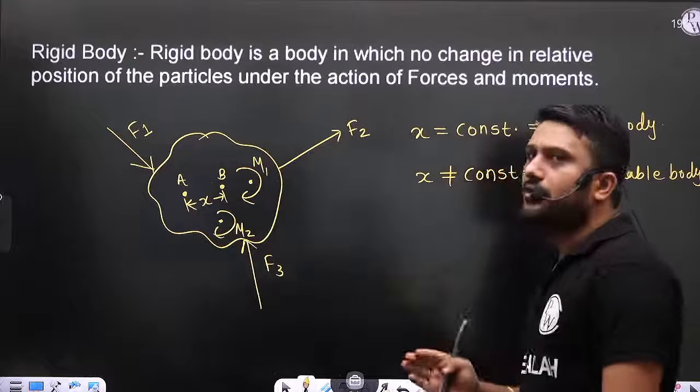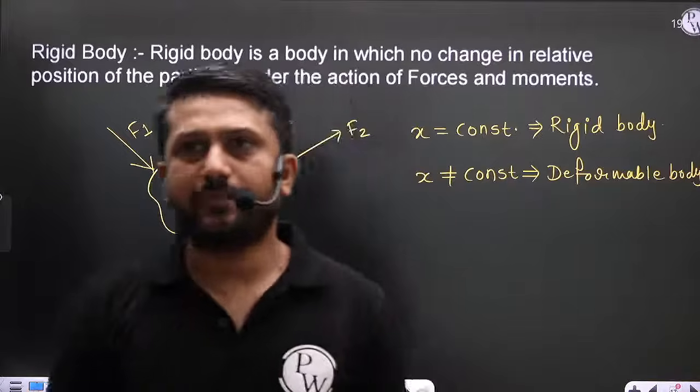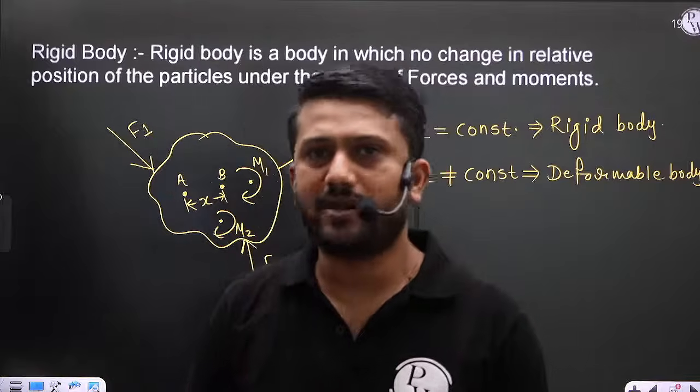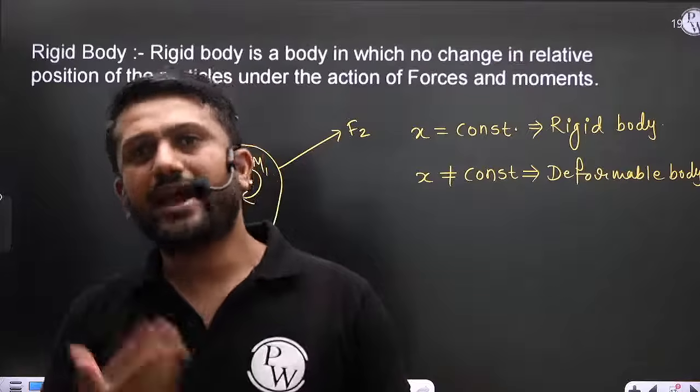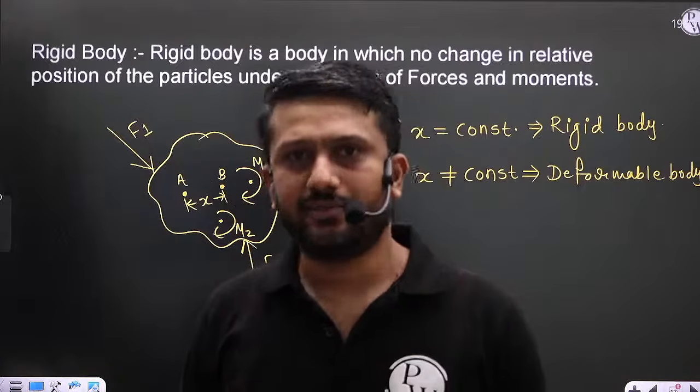Okay, now why am I explaining this particular part? You can say, sir, this is a part of engineering mechanics, or a part of strength of material. But sir, why are you explaining the rigid body concept?